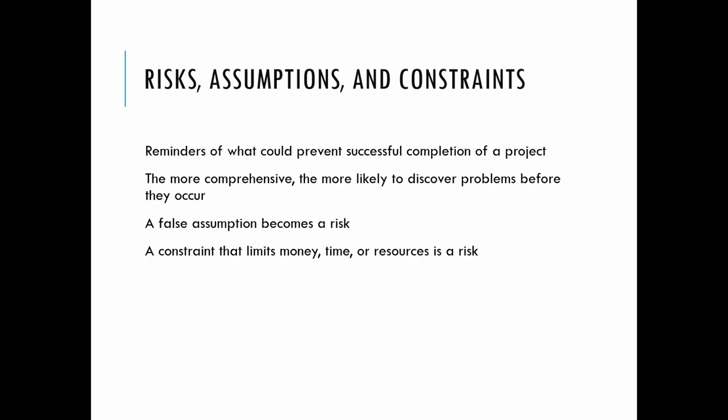Risks, assumptions, and constraints remind us of what could prevent successful completion of a project. It makes us more comprehensive and more likely to discover problems before they even occur. It shows us the impact of what will happen if a false assumption becomes a risk. It lets us plan beforehand for a constraint that limits money, time, and resources, which is a risk.